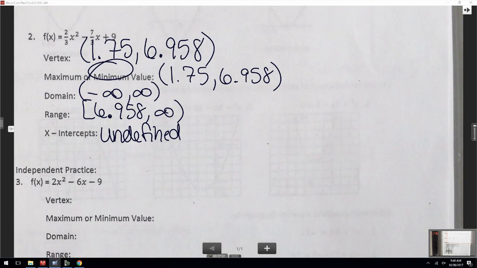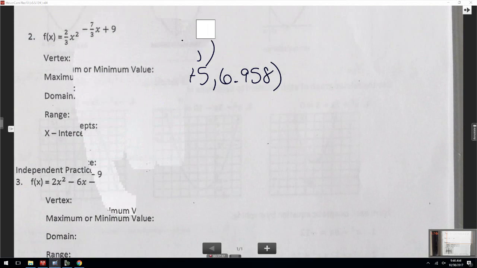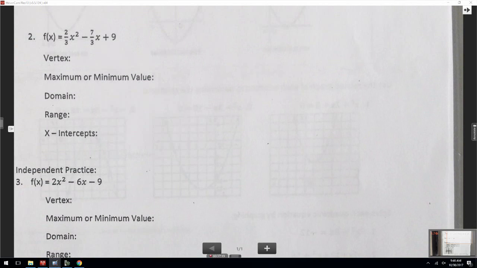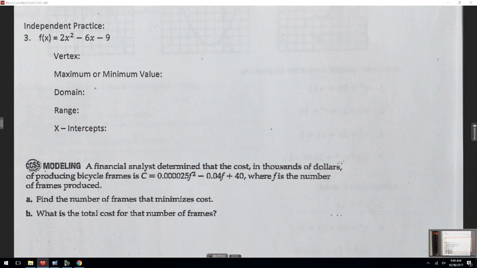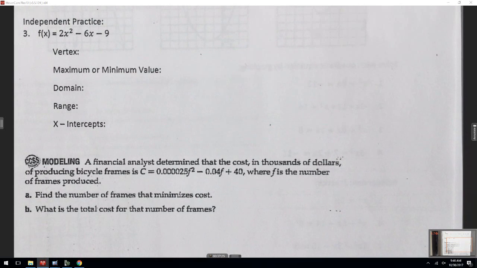Go. Plug it into your calculator. Find your vertex using second trace. Plug it into your calculator. Find your vertex using second trace. Now's your time to let me know if you have a question.